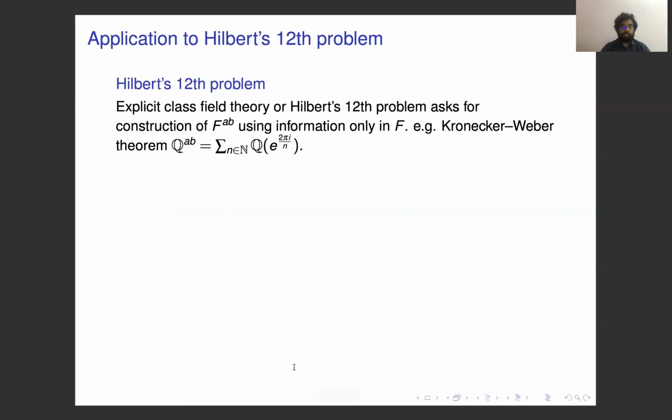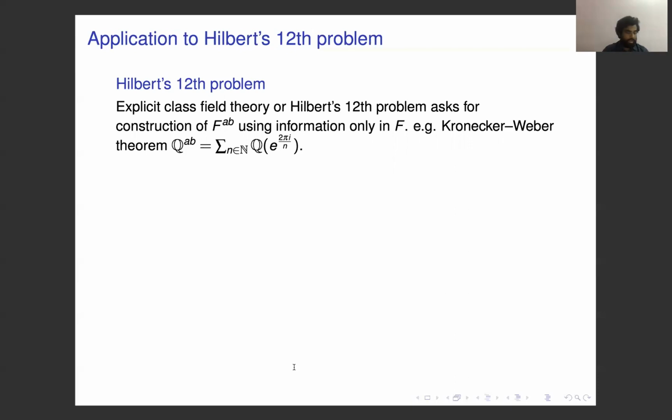Okay, so what's the application to Hilbert's 12th problem? Well, first let me briefly recall what Hilbert's 12th problem is. This is also known as explicit class field theory, and it, roughly speaking, asks for a construction of the maximal abelian extension of a number field in terms of data which is completely intrinsic to the number field.